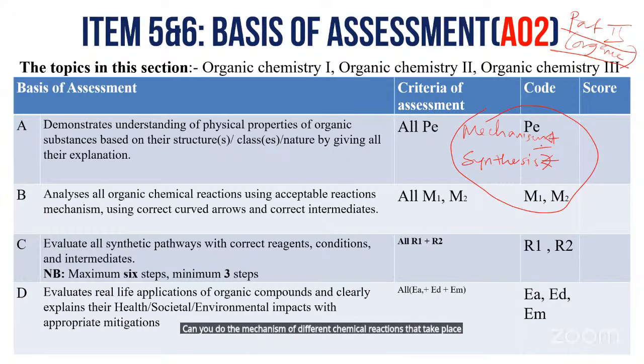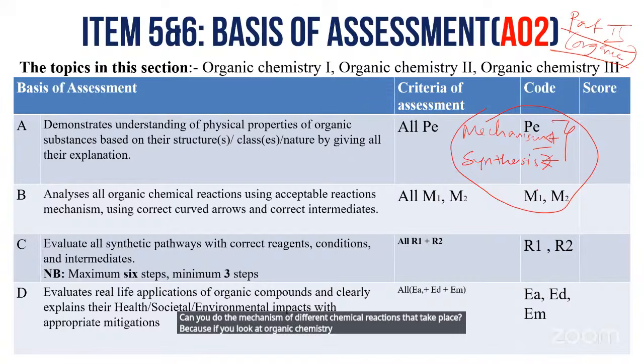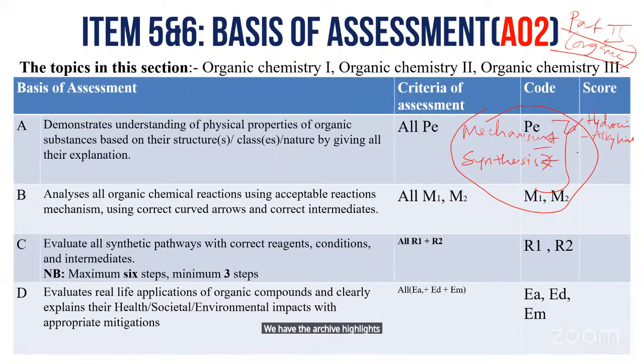Because if you look at organic chemistry majorly, it is looking at organic compounds. And among the organic compounds we have the hydrocarbons. We have the alkyl halides. We have the aromatic compounds and their derivatives.